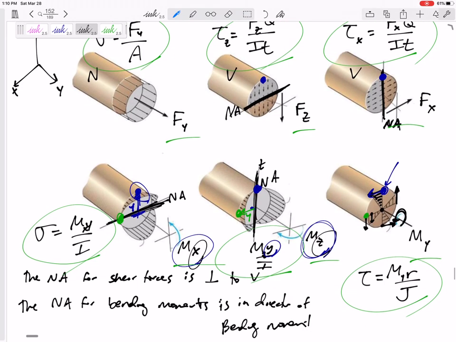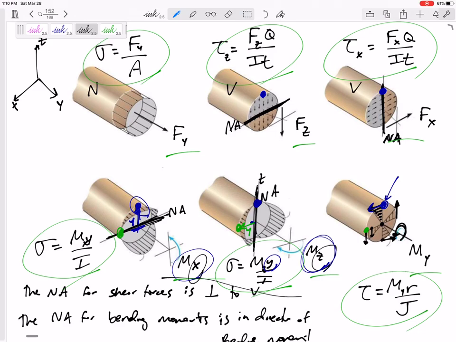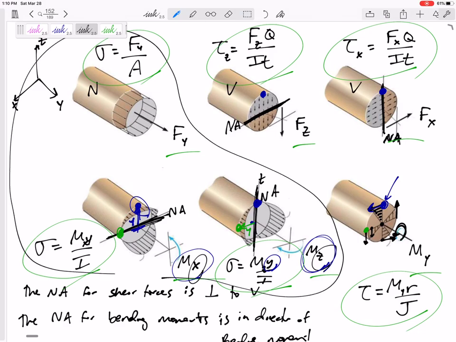So, here we go. These 3 stresses are all normal stresses: the normal stress caused by N and the normal stress caused by bending moments. They are all perpendicular to the cut. We can combine them. We'll be very careful.